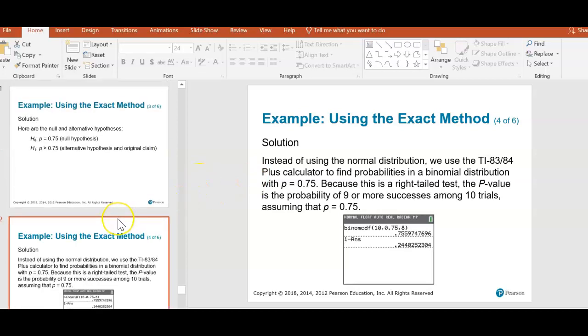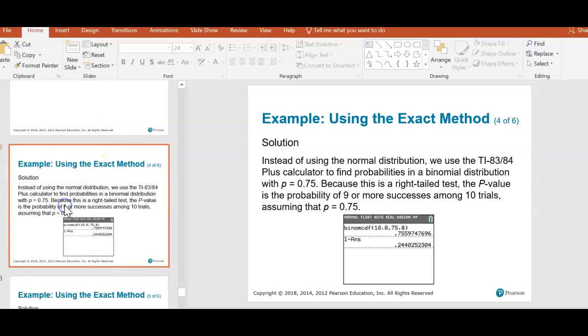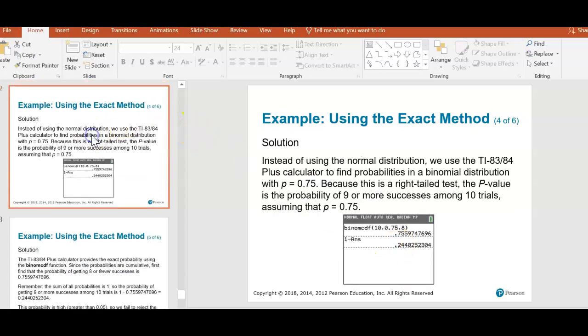And if that probability, given a 0.75 assumed population probability, ends up less than our 0.05, then we're good. You can see they did this in a TI-84 here and found the probability to be 0.244, which is not less than 0.05, and therefore this failed. So we are not able to reject the null hypothesis in this case.